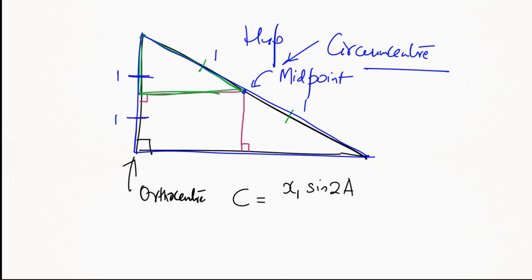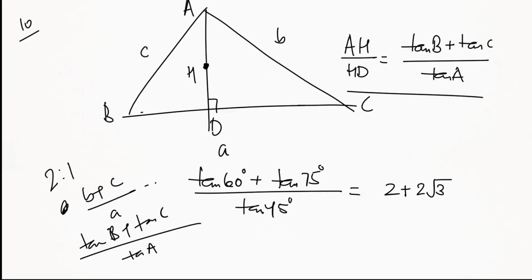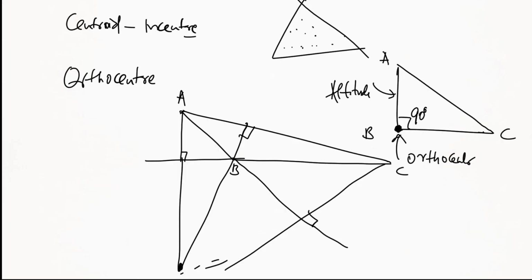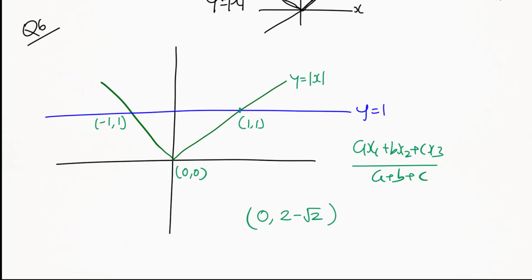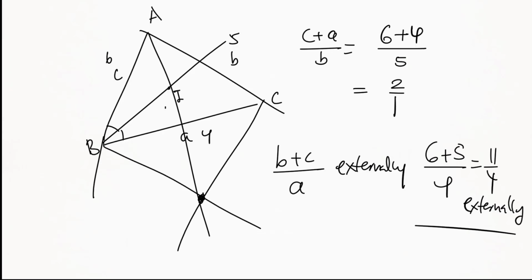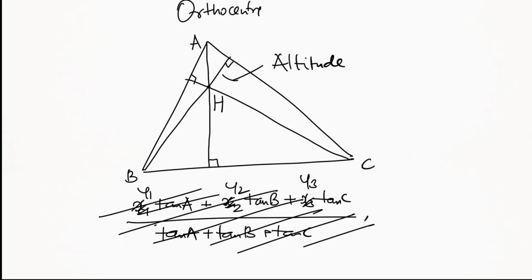If the angles are given of triangle ABC, we saw in orthocenter, right? This was what? Let's go back. This was like this, tan.